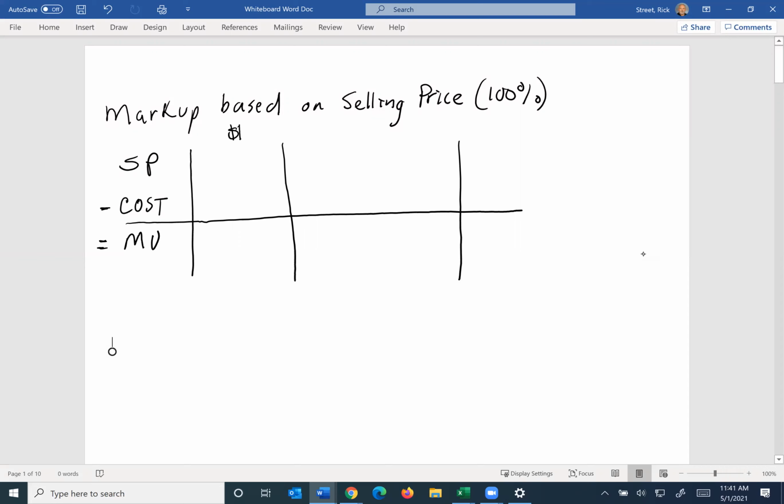And then, of course, this is going to be my calculation area. This is going to help me to visualize what the calculation is to calculate either the dollar amount or the percentage that we're wanting to achieve. Now, since we're using our selling price as the base, it is set at 100%.